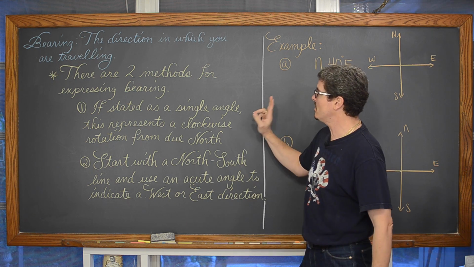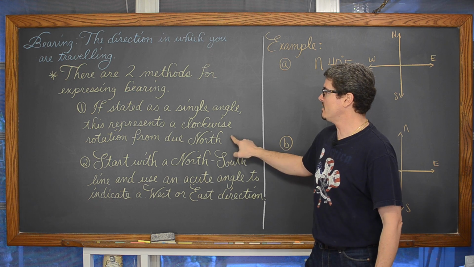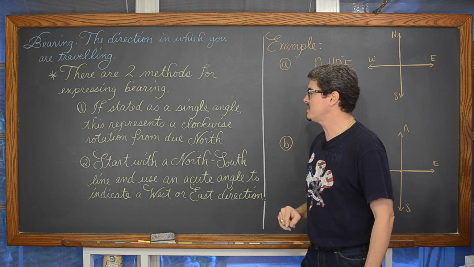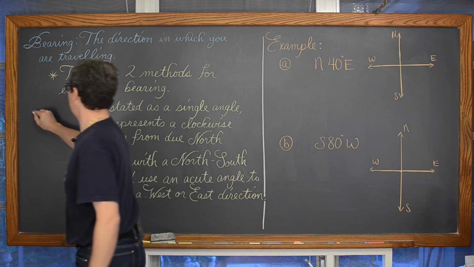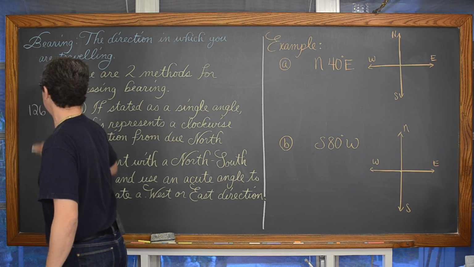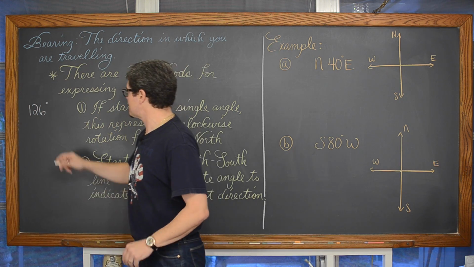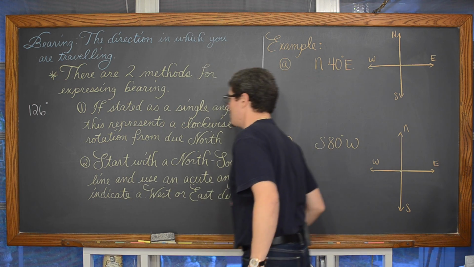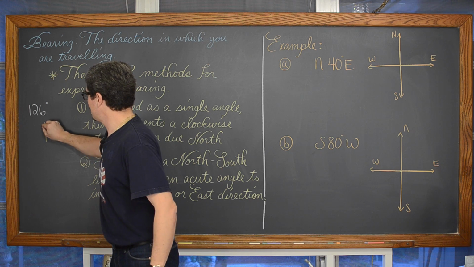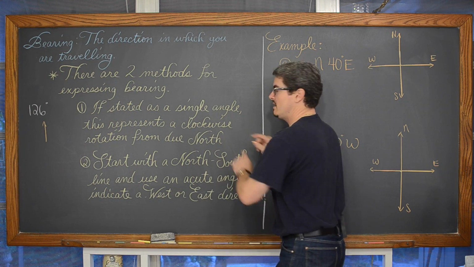So if stated as a single angle, this represents a clockwise rotation from due north. So if I say we're going at a bearing of 126 degrees, well, then I would reference a sort of north-south line. Let's keep the color coding all consistent. We have a due north line, right, rotating from north.